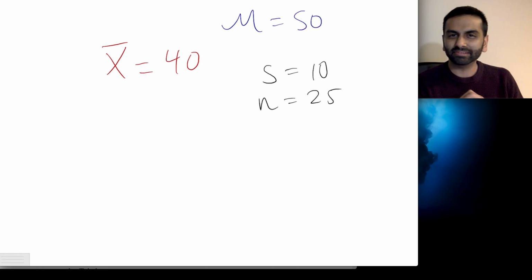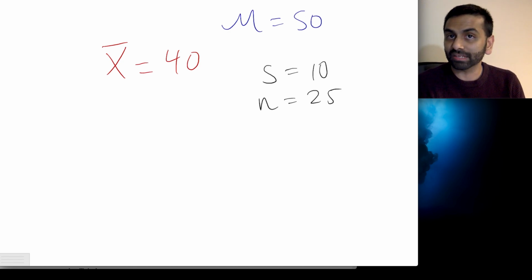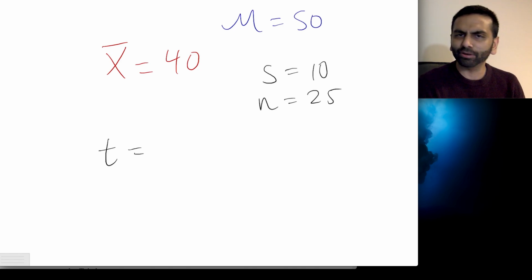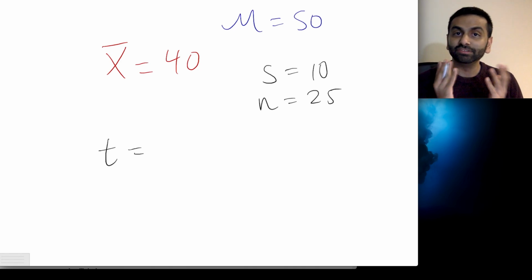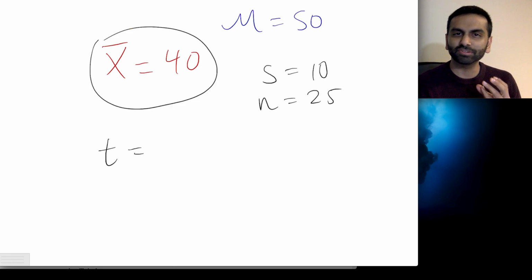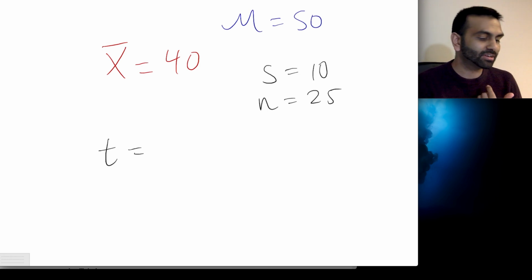If I want to find your z-score, technically t-score because I have s rather than sigma. Again, that's the only difference between z and t, whether you're using s or sigma. So if I want to find my test statistic t, again, how many standard deviations away from the mean are you? But here, the concept that you're measuring is not a person, but rather an average. And remember, the standard deviation of x bar is the standard error.